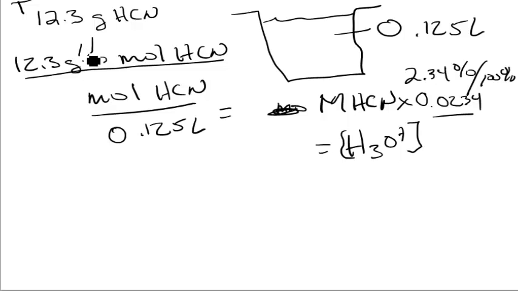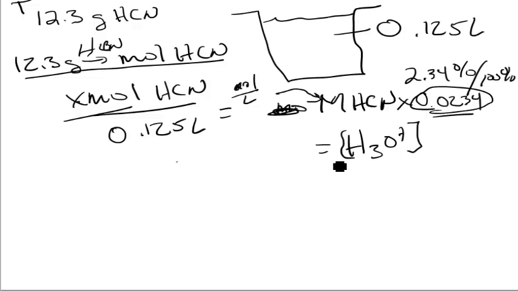So first step, grams HCN has to become moles of HCN. And then that number of moles there, divided by 0.125, is simply going to be moles per liter, which is molarity. And then we multiply that by the percent that's ionized to get the concentration of H3O+.